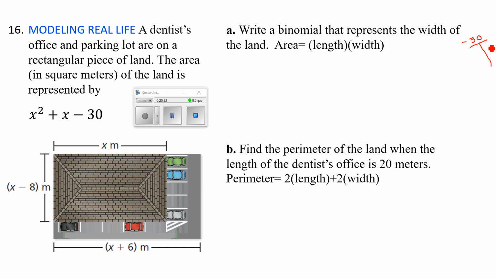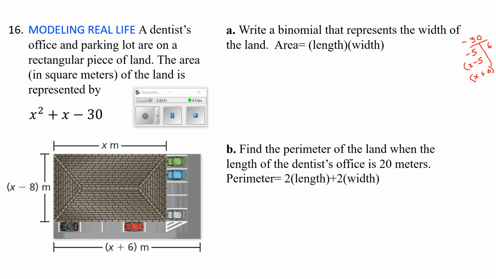I know that 5 times 6 is 30, and since they're one away from each other, there's a positive 6 and a negative 5. Negative times a positive gives us negative 30, and 6 minus 5 gives us 1. So this has got to be x minus 5, and over here x plus 6.